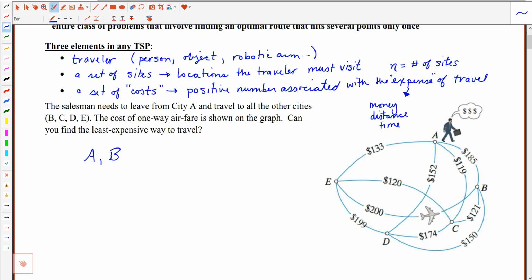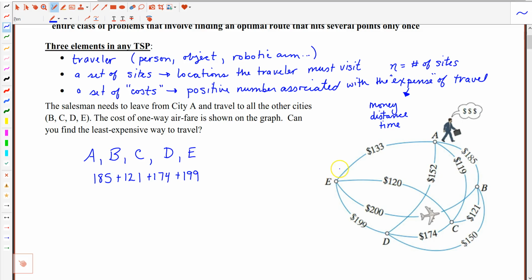All right, so if you were to go from A to B, that cost of travel would be $185. After B, if he's going to travel in alphabetical order, he's going to go to city C. That would be $121. After C, he would go to city D, which would be $174. After city D, he'll go to city E, which is going to be $199.